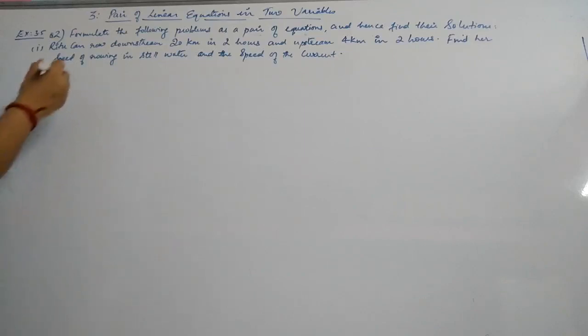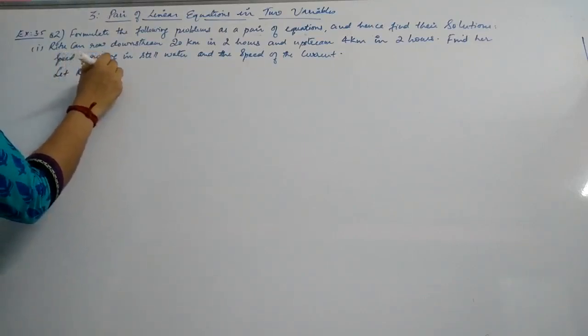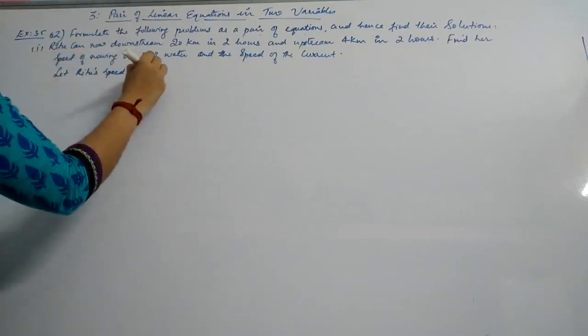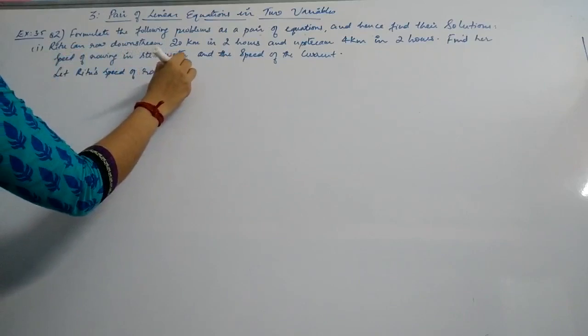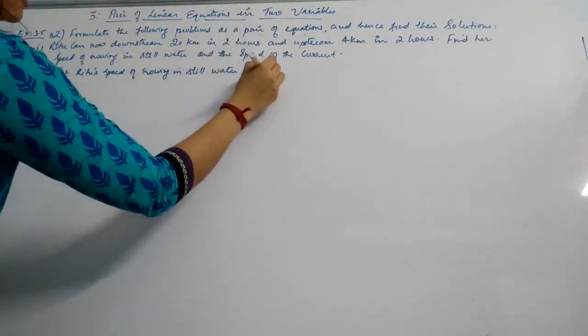That is, let Ritu's speed of rowing in still water be taken as x.